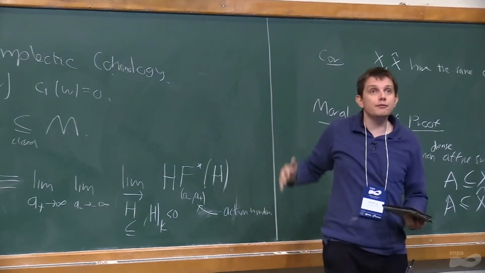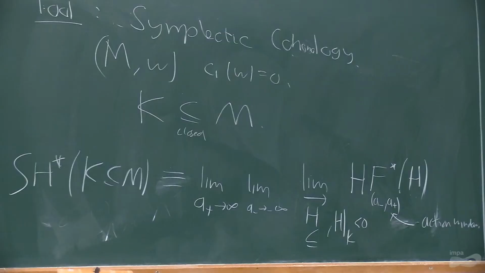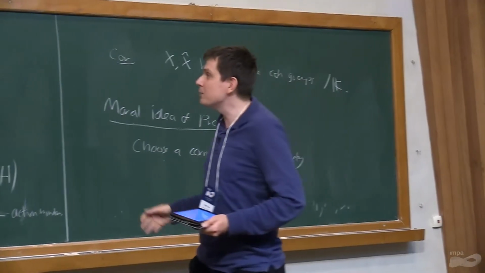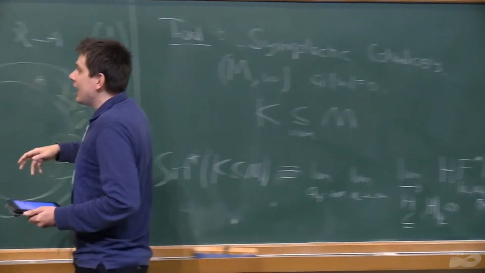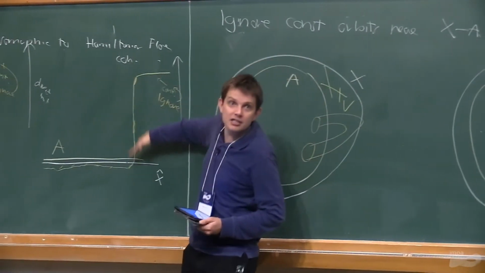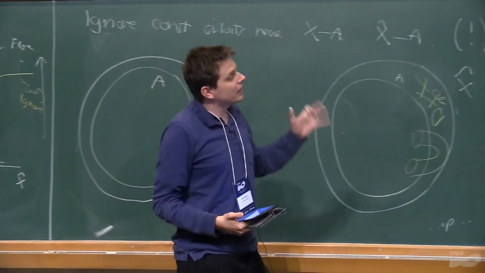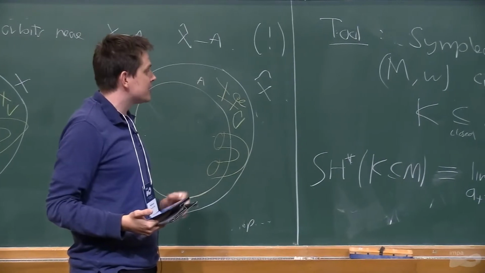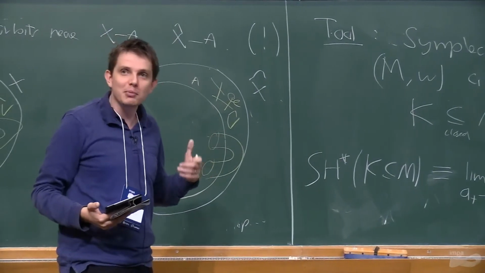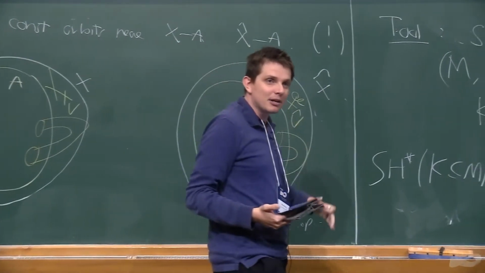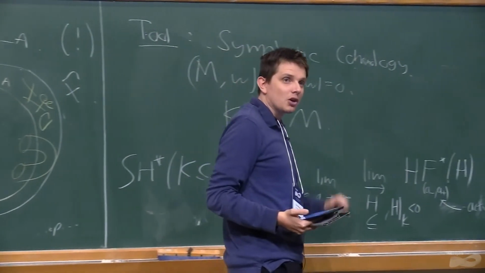And when you usually define Floer cohomology, it's the other way around. You widen the action window first, and then you take the direct limit. And I'm saying you should do it the other way around, and this will enable me to ignore these orbits, because somehow when I get sufficiently high, well, again, this is not quite true. I have to take a more sophisticated filtration, but I can do something similar and somehow filter out these constant orbits.